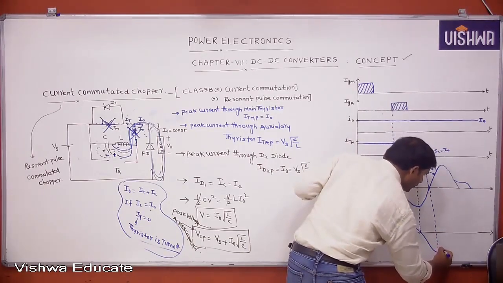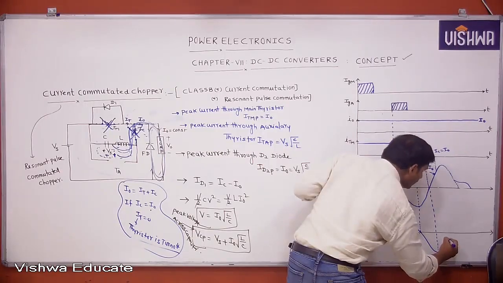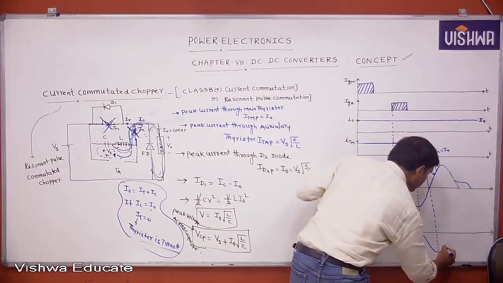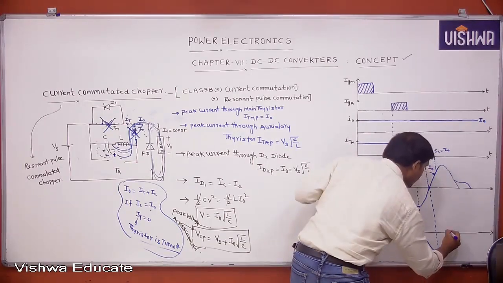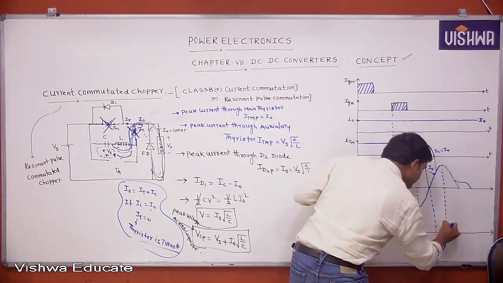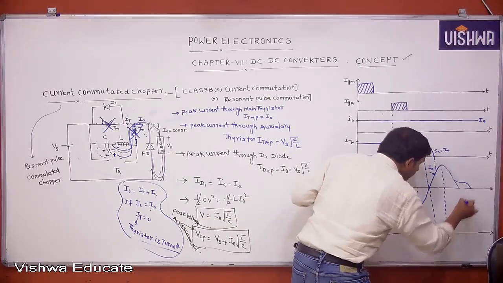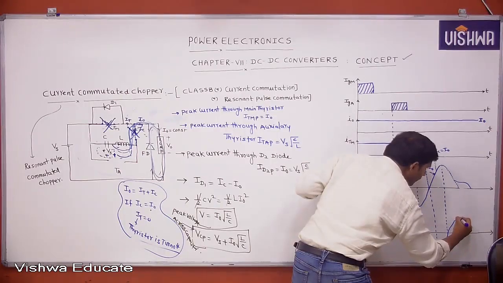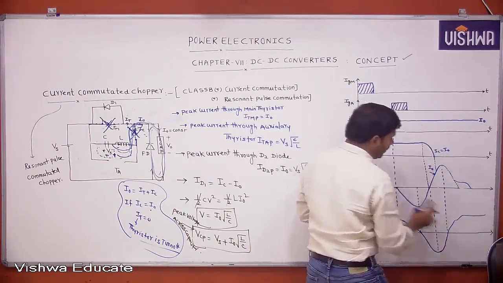Then again it changes polarity from minus Vs to plus Vs. Like this you can get the wave shape.